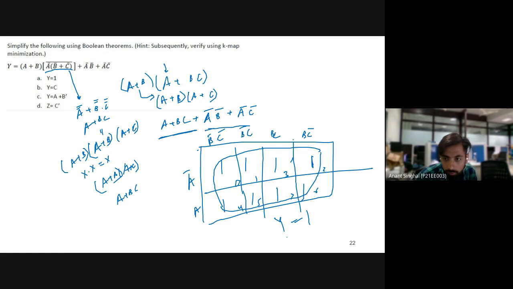How you filled A in the K-map? Okay, yeah, I'll repeat. So if I make a K-map here, we can also directly simplify it.